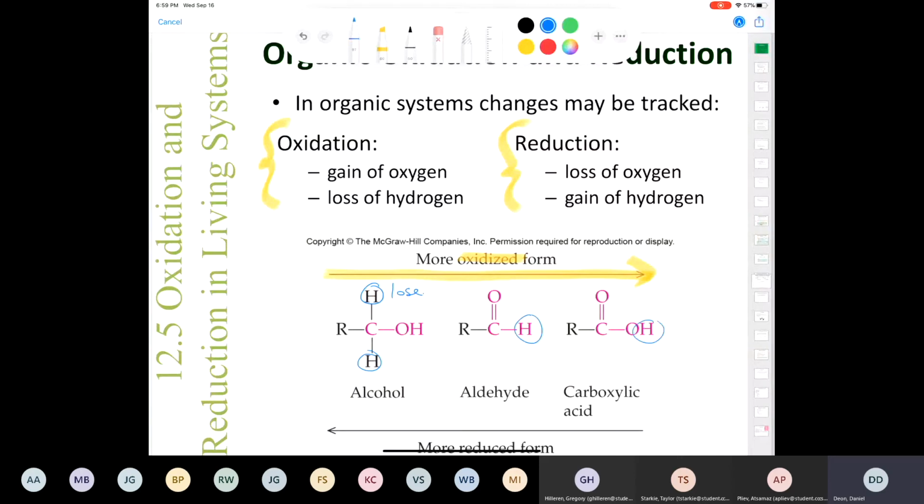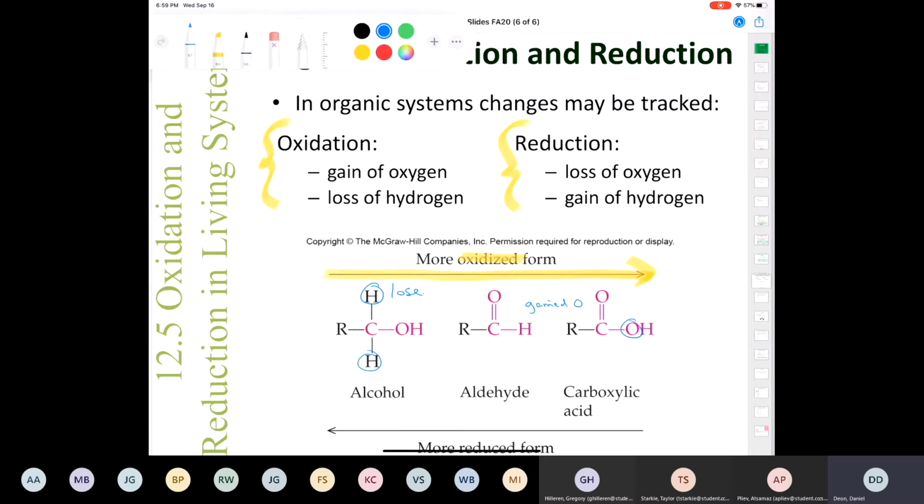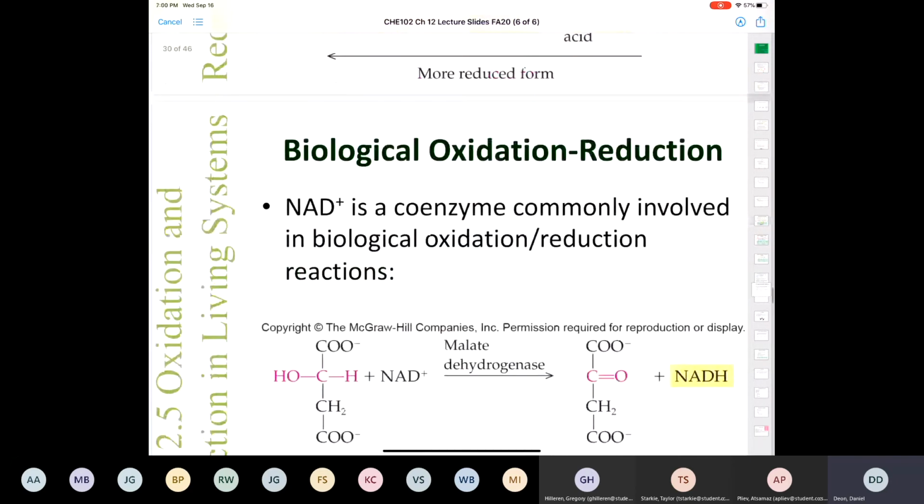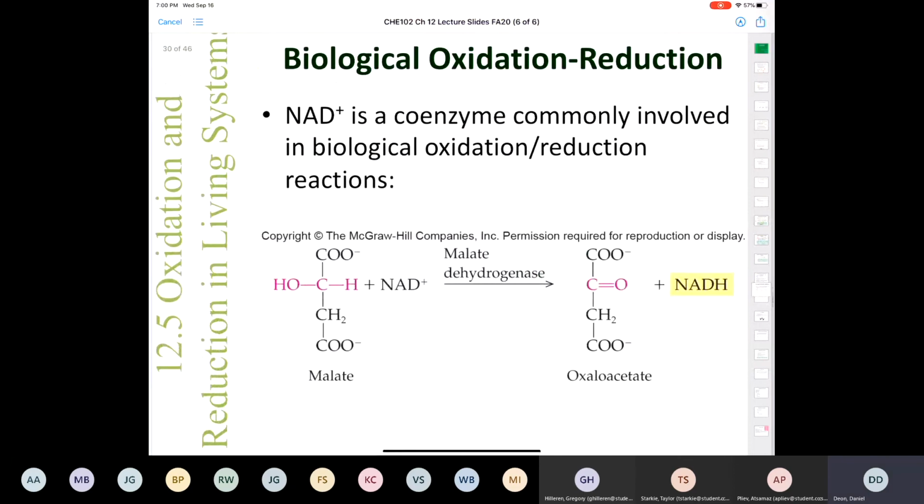We still have 1 hydrogen, but what did we do? We gained an oxygen. We gained this oxygen right here, okay? And so that's the kind of mindset you want to have in this class when we're talking about oxidation and reduction.